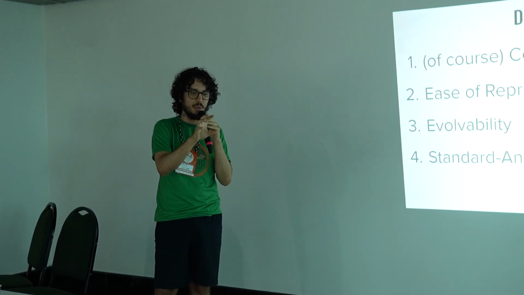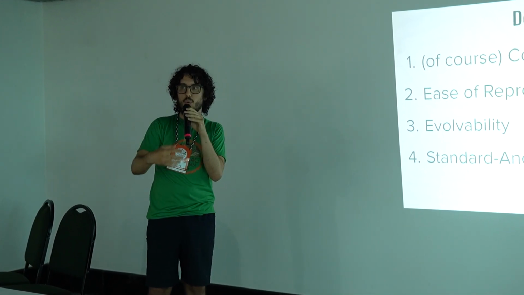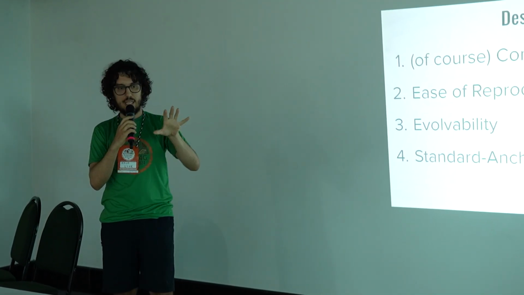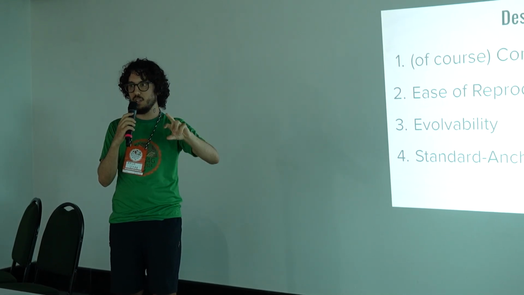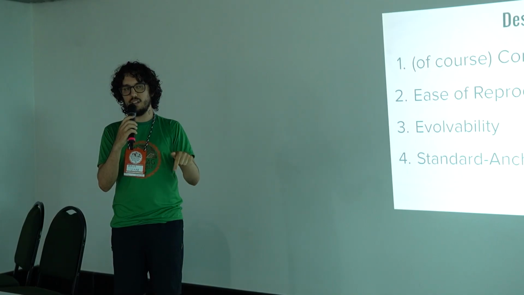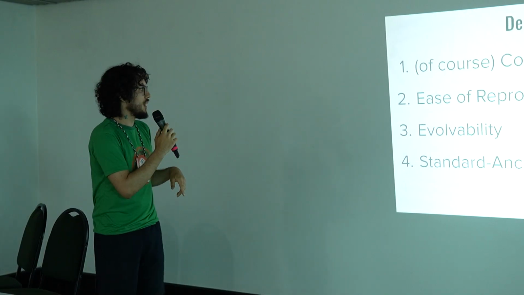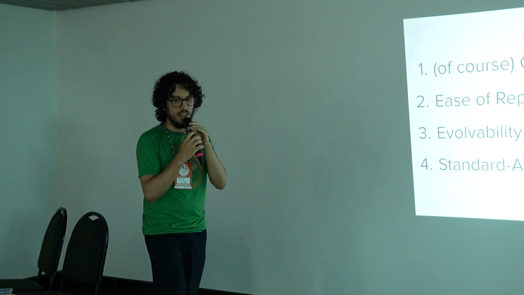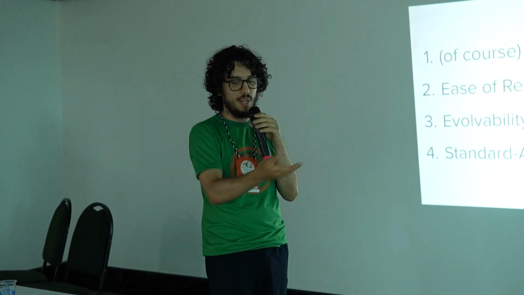We are using a particular set of algorithms right now, but they are always evolving. So the idea is, as time passes, to keep the same Docker images, but maybe with new building blocks that can be updated while the interface is kept. And also, as I said before, standard anchored, using the OpenStreetMap standard for the pavement classes.